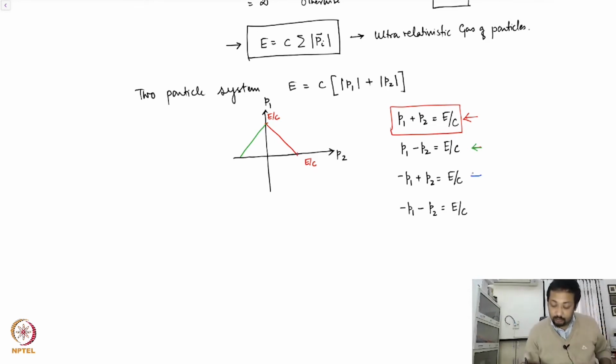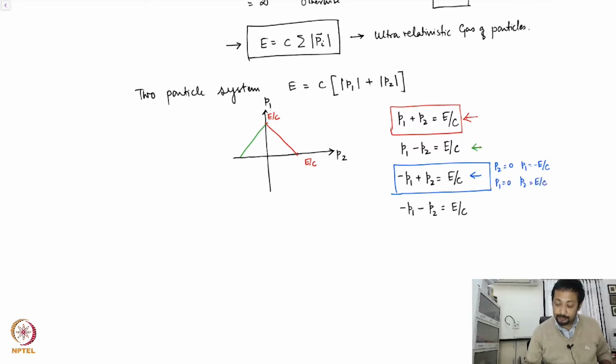Then again, for the third equation, when p2 is equal to 0, p1 is minus E over c, and when p1 is equal to 0, p2 is E over c. So that I have this.